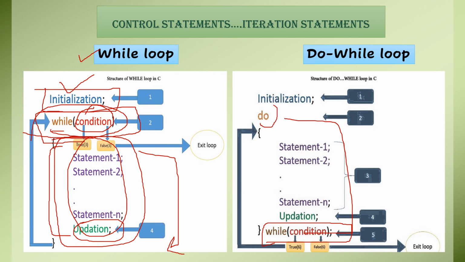So here, do, then the statements which we want to execute repeatedly are written here, and after that the condition is checked, and after while a semicolon is a must. But here, no semicolon would be written. Here semicolon is a must.